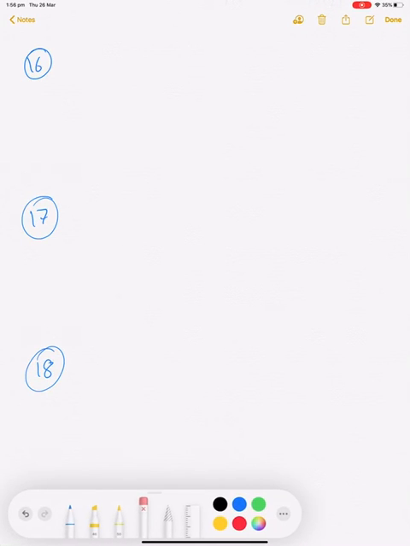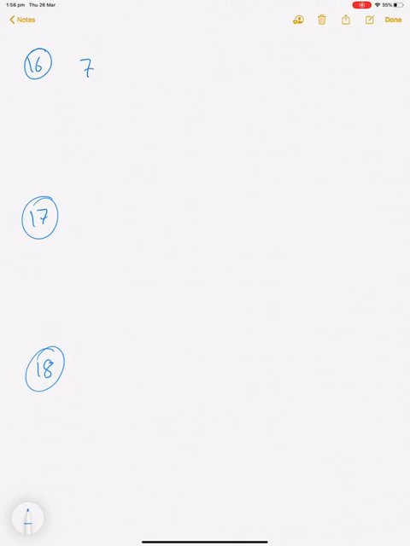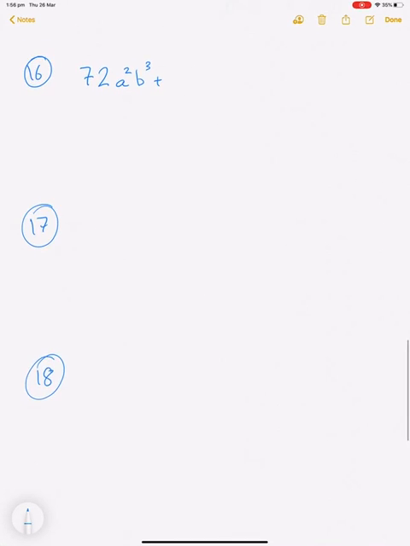Let's do 72a squared b cubed plus 9a to the 4b to the 3.